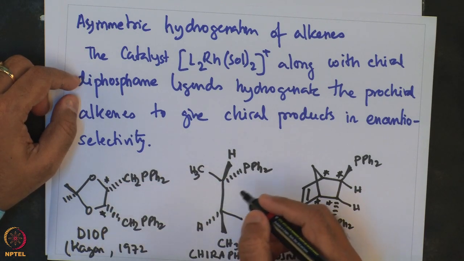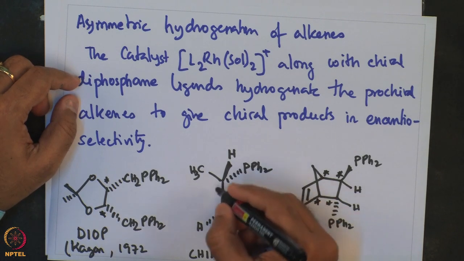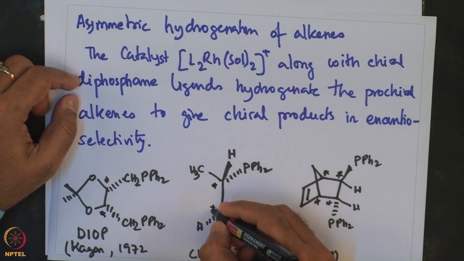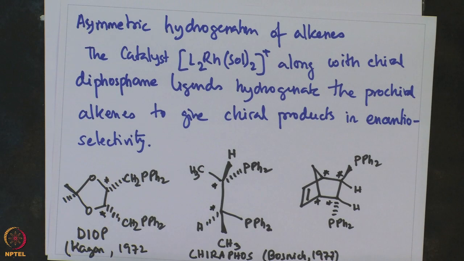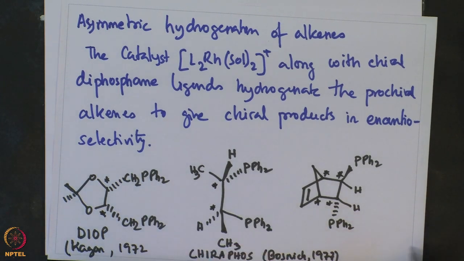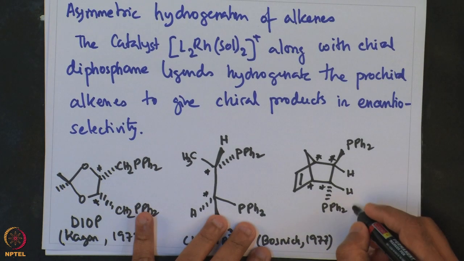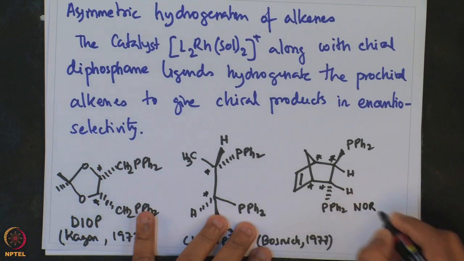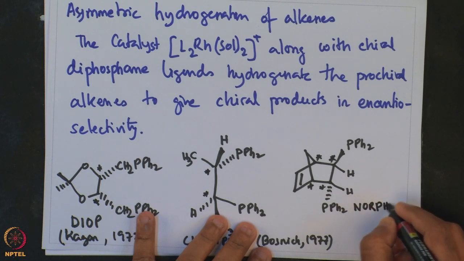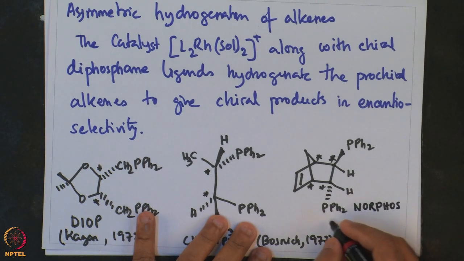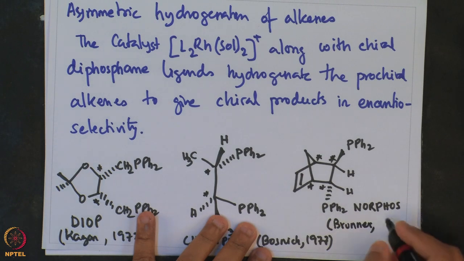DIOP has 2 chiral centers and Chiraphos has 2 chiral centers, and this is called Norphos, reported by Brunner in 1979.